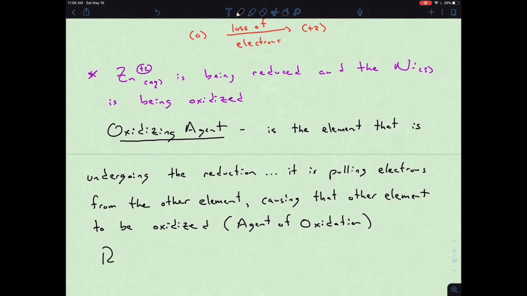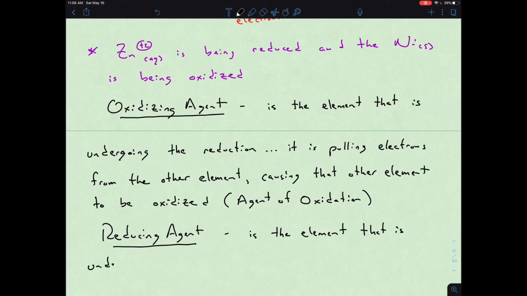The reducing agent is just the other side of the coin. So this is the element that is now undergoing the oxidation.